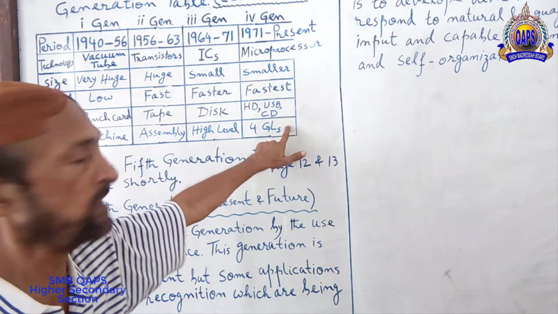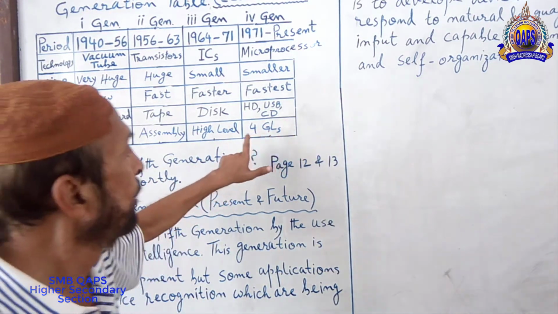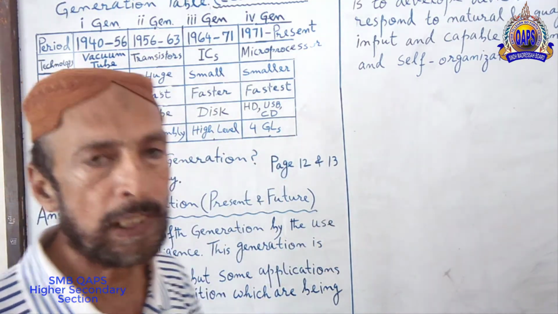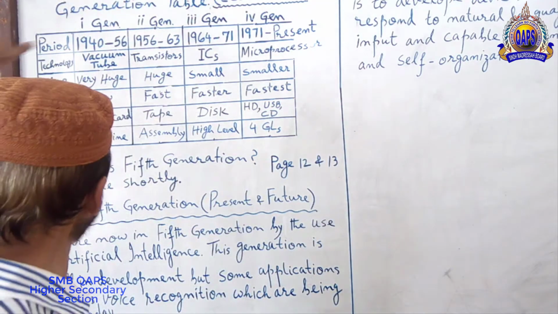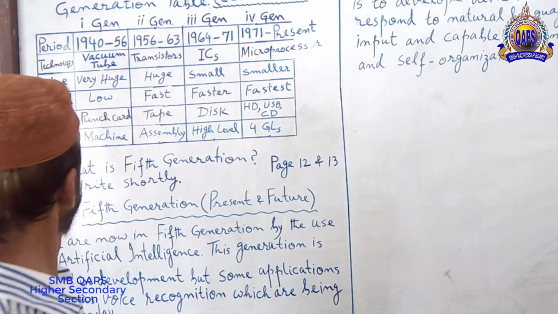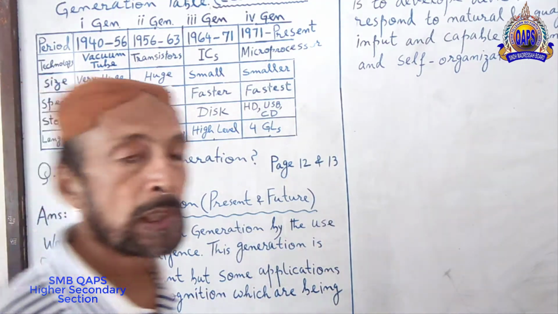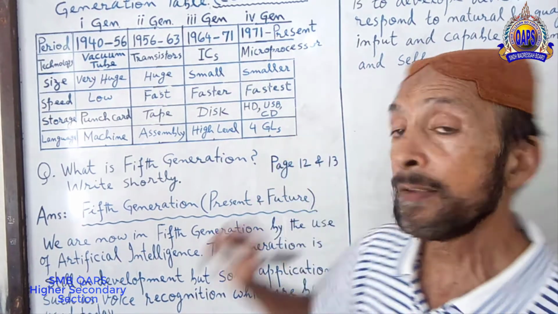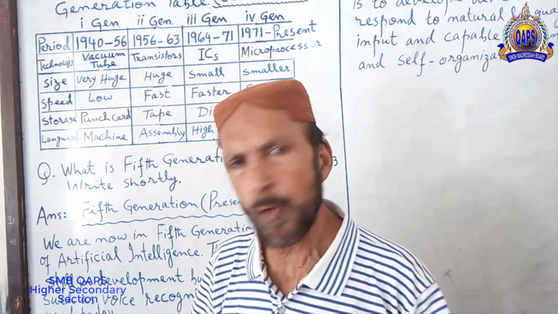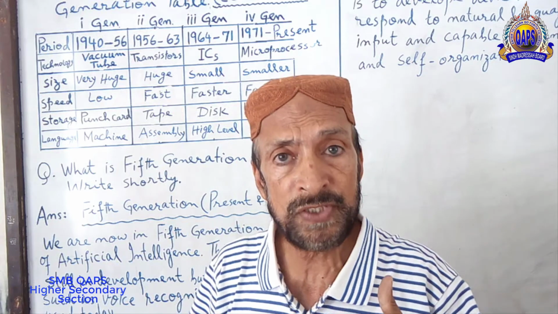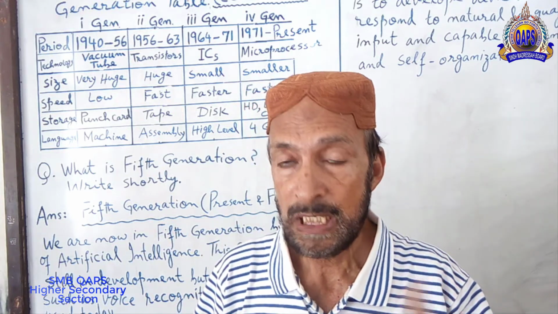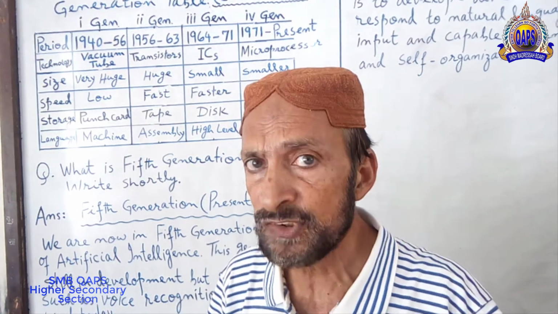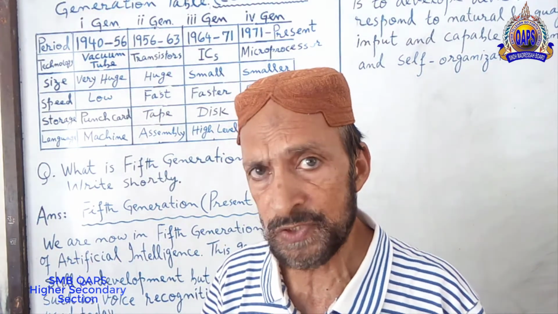Languages: 4GLs, fourth generation languages. I hope in a single glance you can learn about the generations, and most of the time this question appears on the annual examination of the Board of Secondary Education.